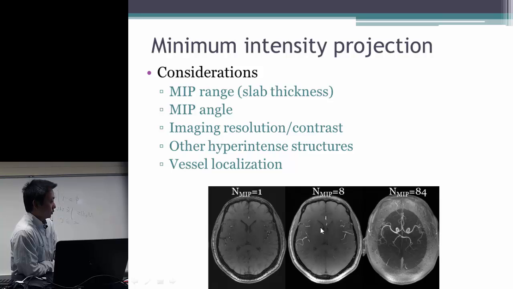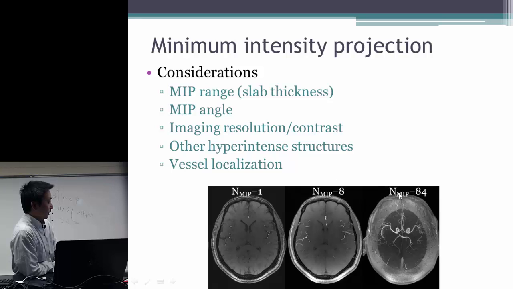If we do a maximum intensity projection over the neighboring 8 slices, we can clearly depict the trajectory of some vessels, and this is a very nice one.